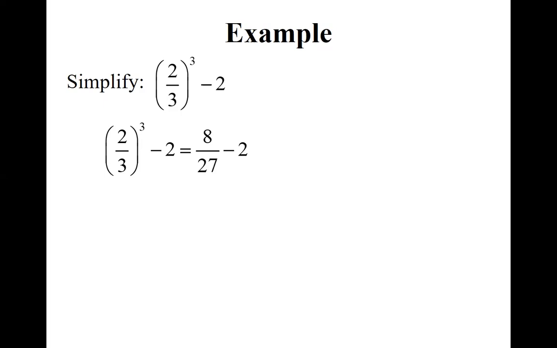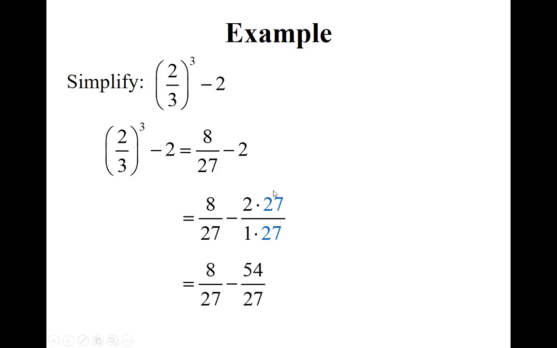2 is 2 over 1. The LCD of 27 and 1 would be 27. To get from 1 to 27, we multiply by 27, which means we have to multiply the 2 by 27. That's 54. So 8/27 minus 54/27.